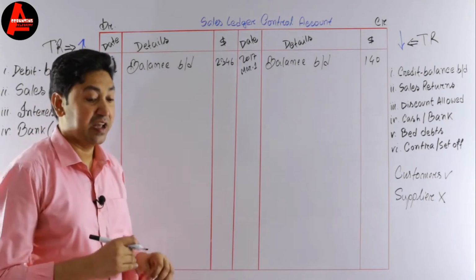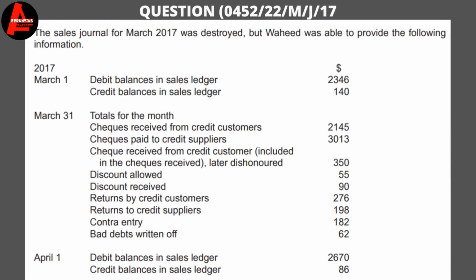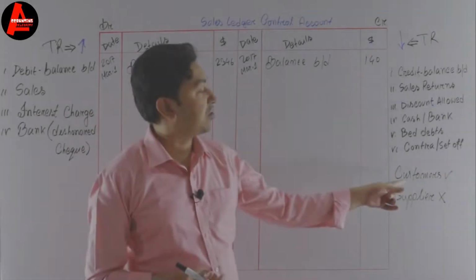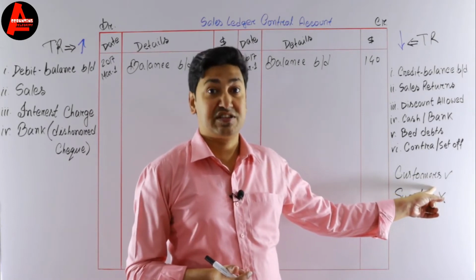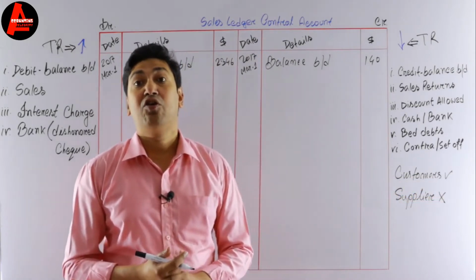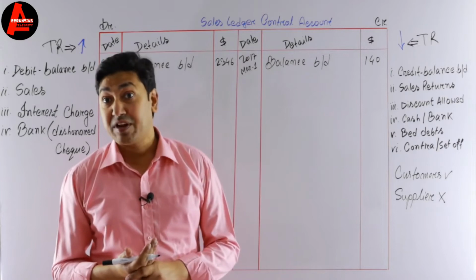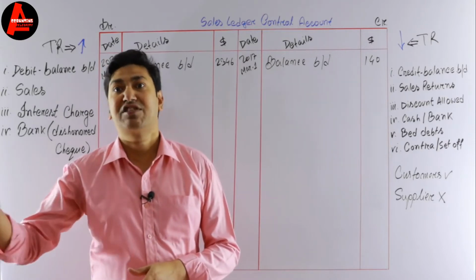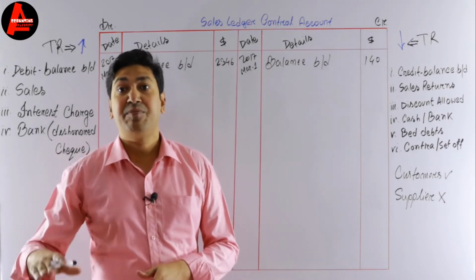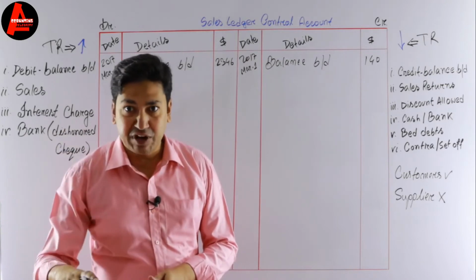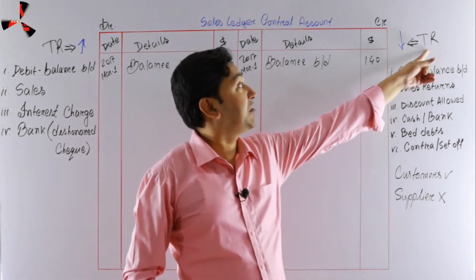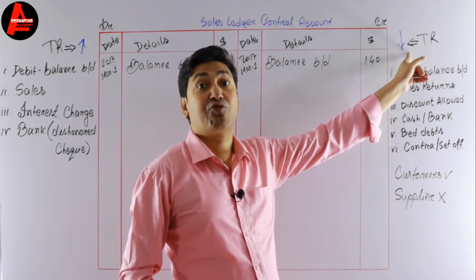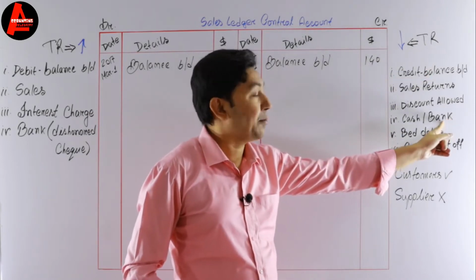Okay, no worries. Now look at the first transaction. March 31st, cheque receipt from credit customer. Yes, we have to record all the customer related transactions. When we receive a cheque from the customer, what happens to trade receivable? Our trade receivable, meaning our customer balance, will decrease. When our trade receivable is decreasing, we have to record it in the credit side as bank.